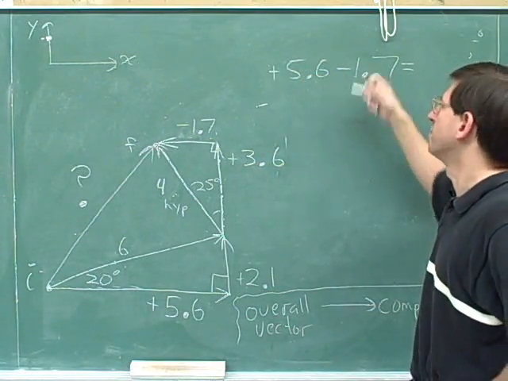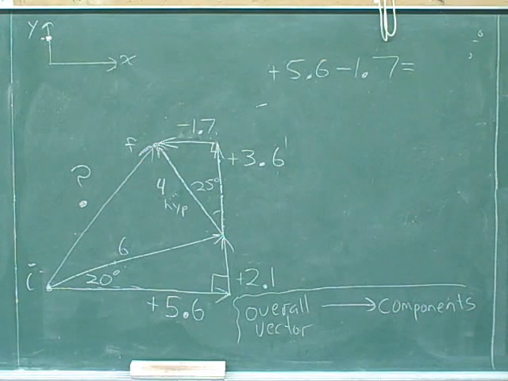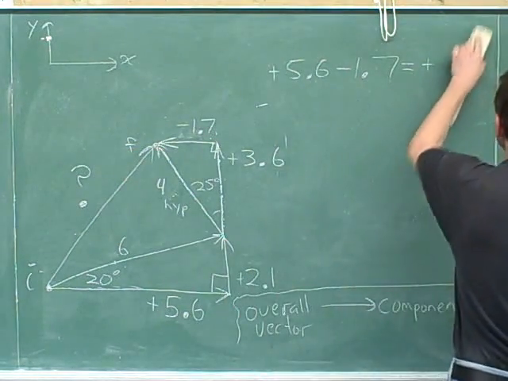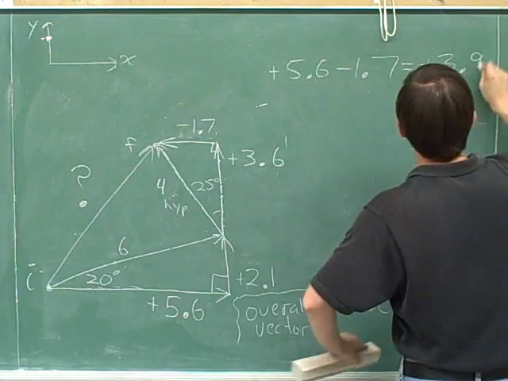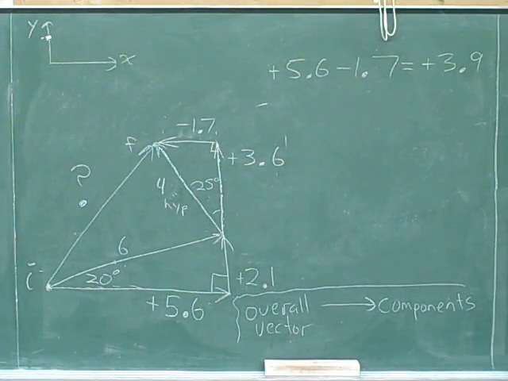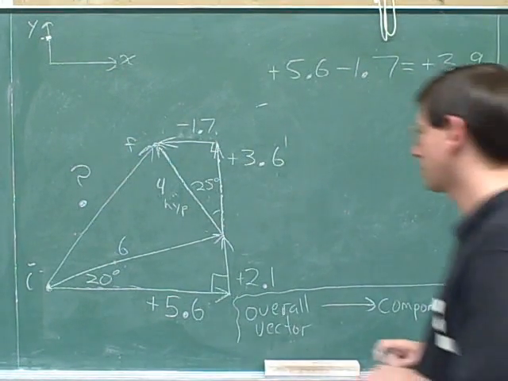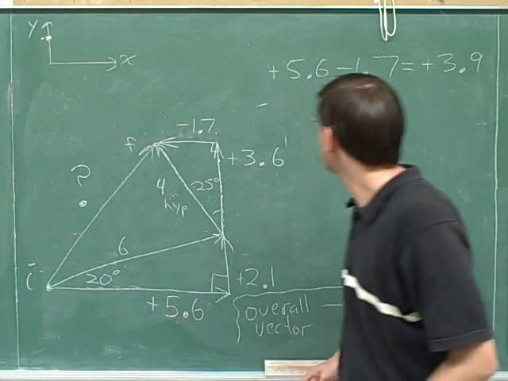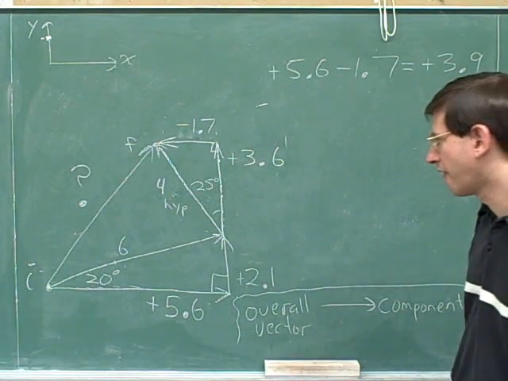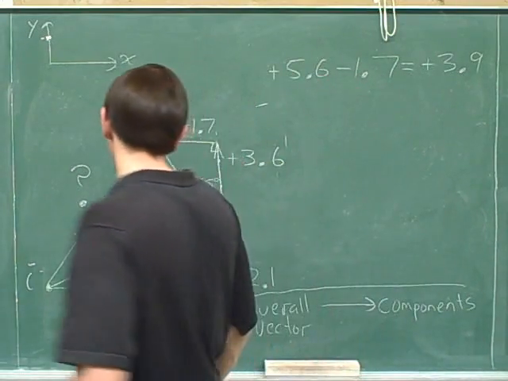So 5.6 minus 1.7 should give us our overall horizontal displacement. 5.6 minus 1.7 comes out to be positive 3.9. So our overall horizontal displacement is positive 3.9.